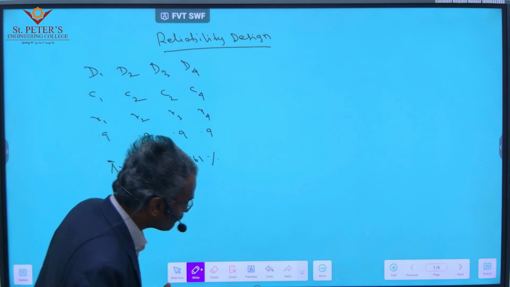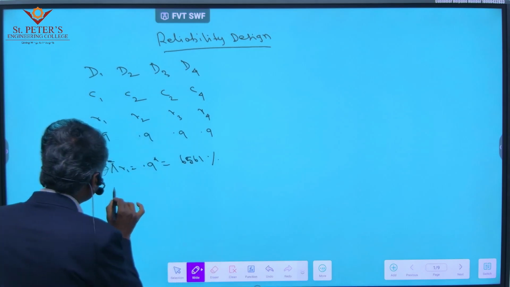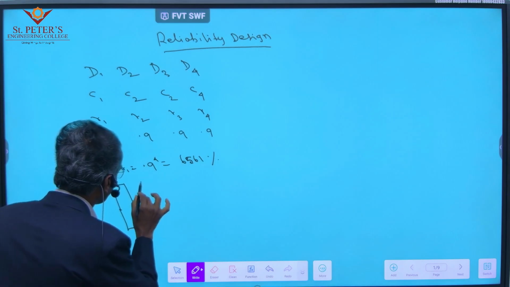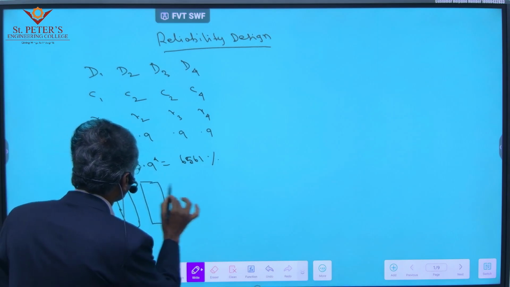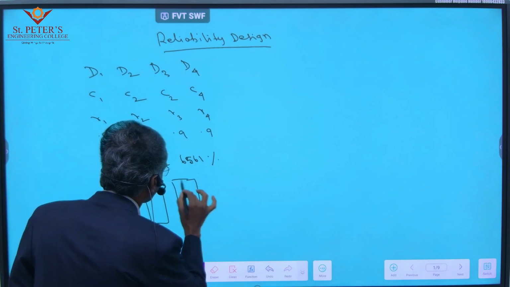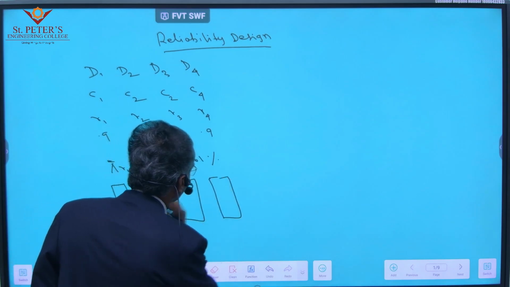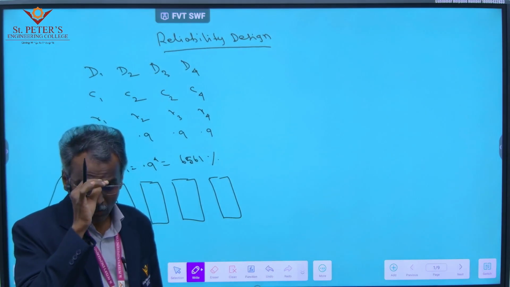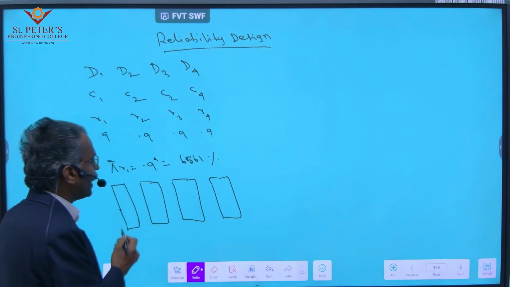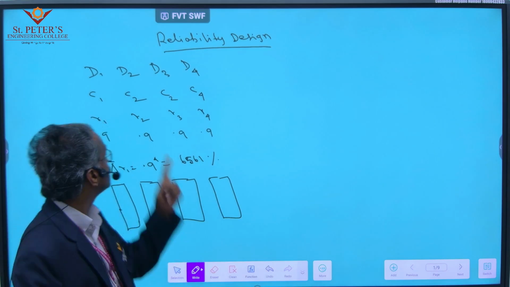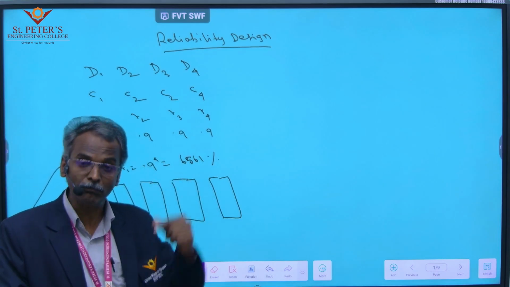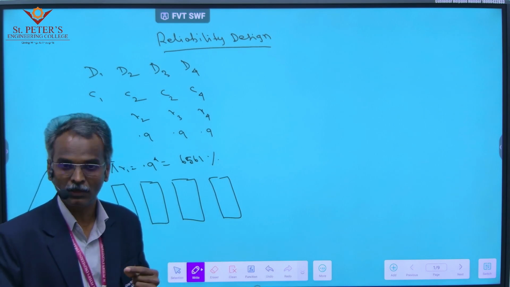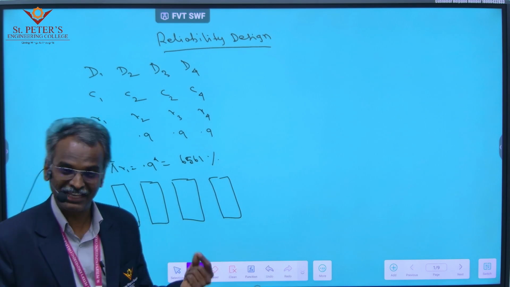So let us see. For example, we have 4 devices for this studio. For the first device, I'm thinking it requires a lot of backups so that I can run the studio without any break. I'm thinking so because I know by experience.